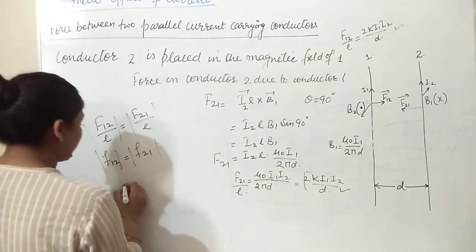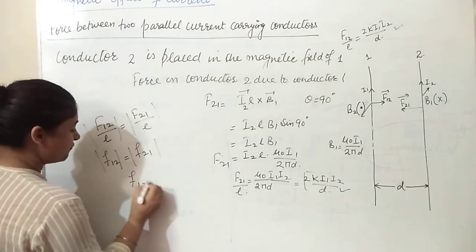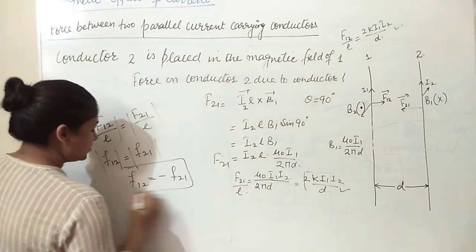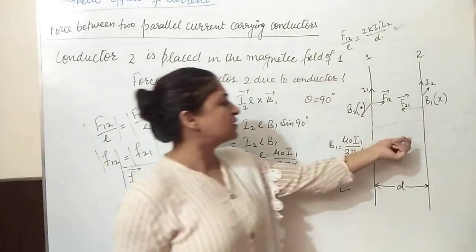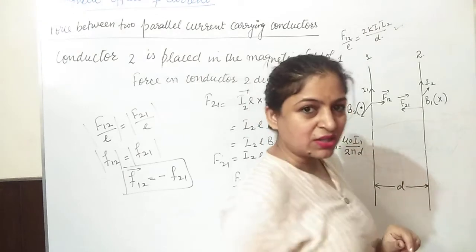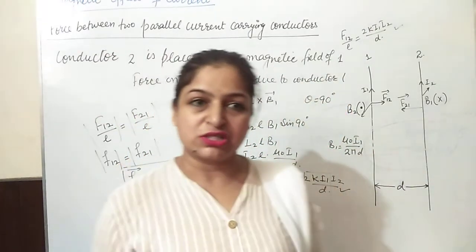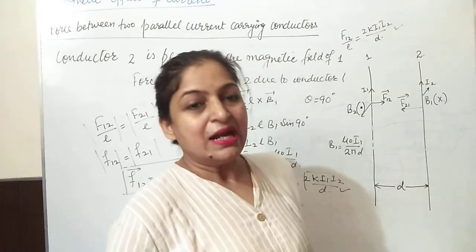So force per unit length F12 is minus F21. This is as per Newton's third law: the force with which conductor 1 attracts 2 is the same force with which conductor 2 attracts 1. So Newton's third law is applicable here, and both forces are exactly equal in magnitude and opposite in direction.